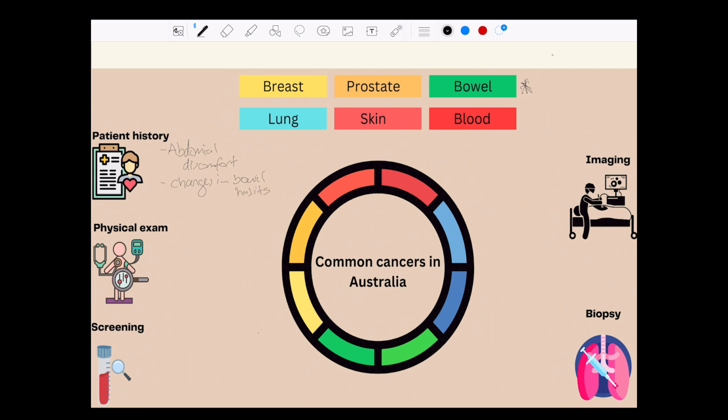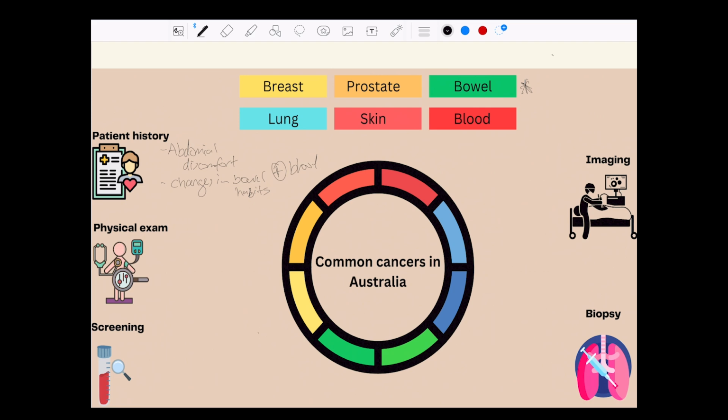So this would be essentially maybe diarrhea or constipation. Just changes in the general bowel habit of the individual, which could also include blood in stool. Okay, and sometimes if the individual develops anemia, so this would be done through a blood test, anemia could be suggestive of chronic blood loss, which can come about through bowel cancer.